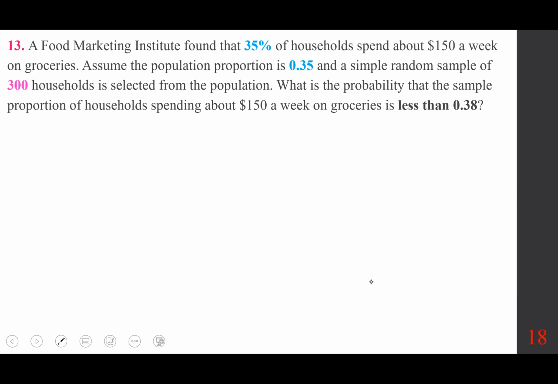Excellent. So we can look at this, and the very first thing we notice is that this is a binomial distribution with P being 0.35 and N being 300. So the population proportion is 0.35. 35% use, the population proportion for $150 a week is 0.35 with N being 300.